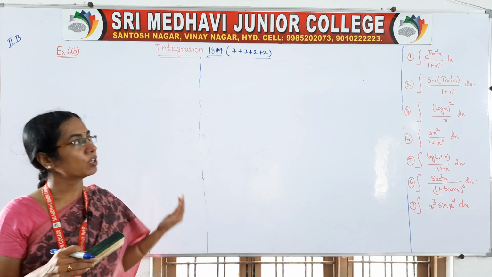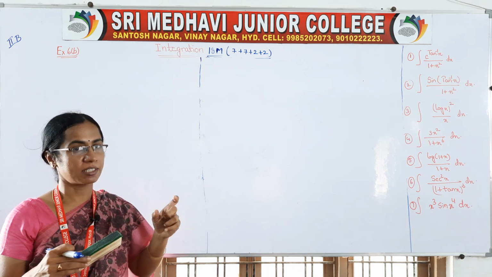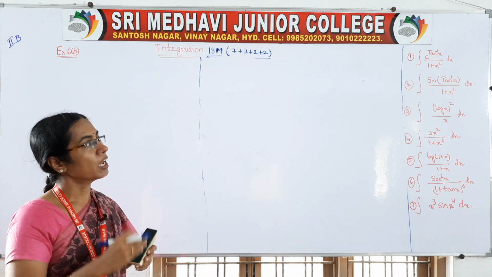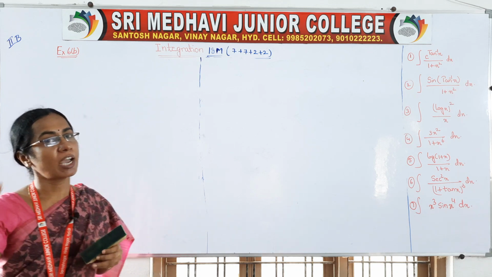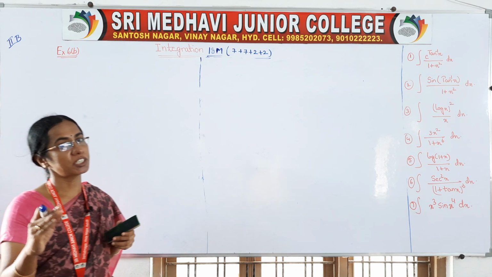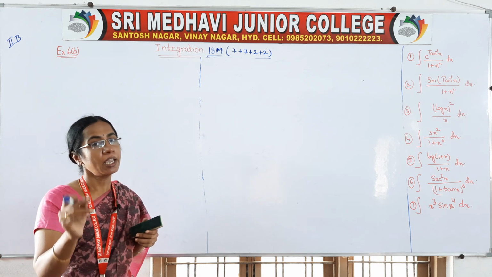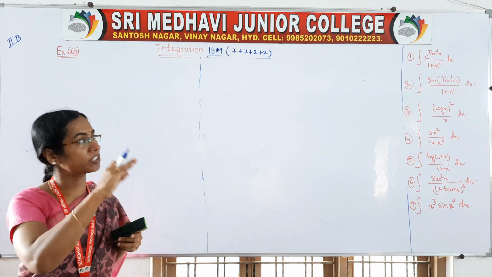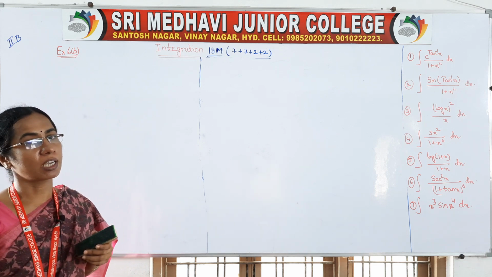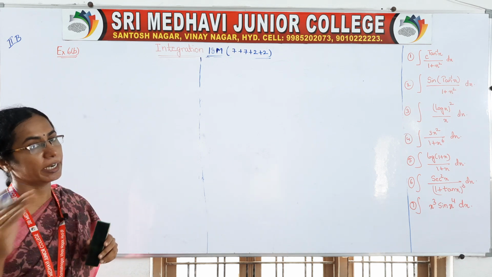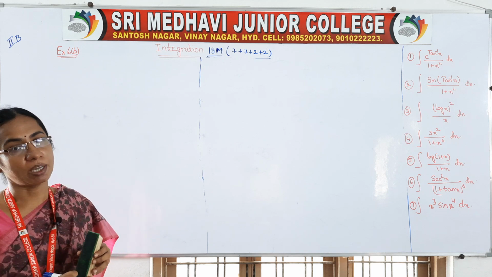How will we know which value should be taken as the substitution? With practice, and if you have knowledge of differentiation, you will know. We will take one value as t. After the differentiation and substitution, our problem will turn into our standard formula form.